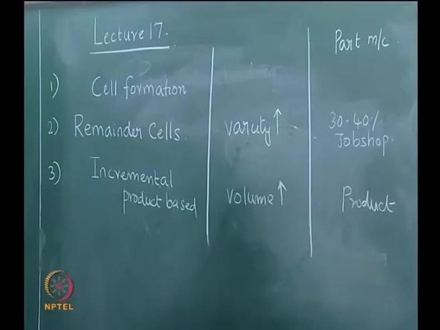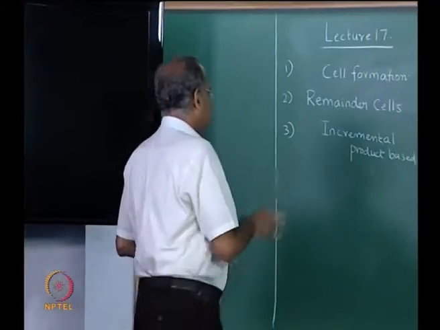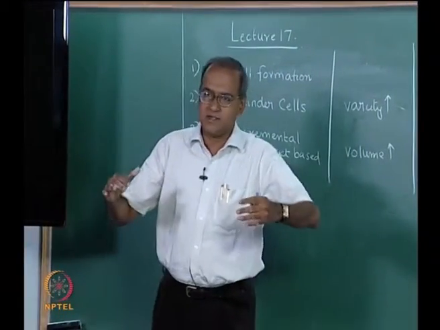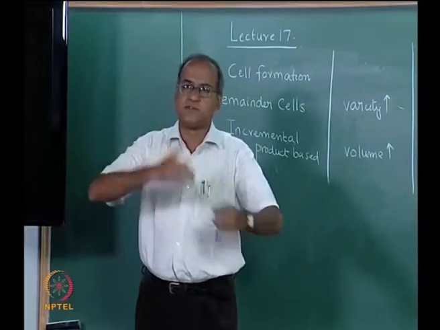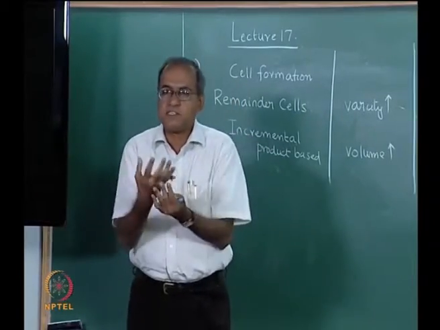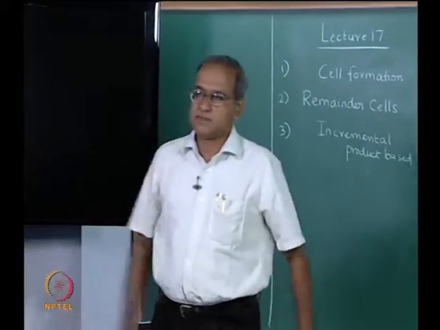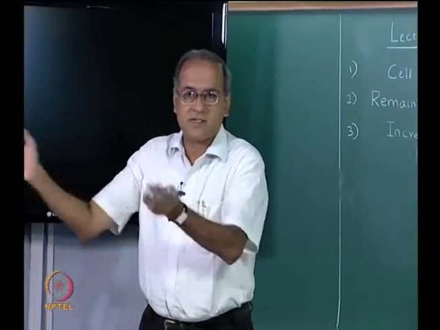So if we really want to classify cellular manufacturing further into 3 types, one is the normal machine component cell formation, where the products are slightly larger in size, involve specific common assemblies, and parts are made in cells and go to the various assemblies.